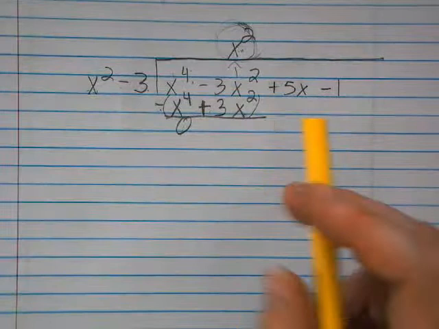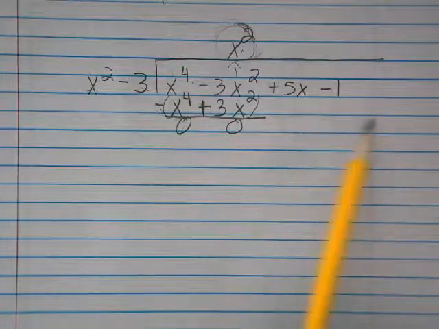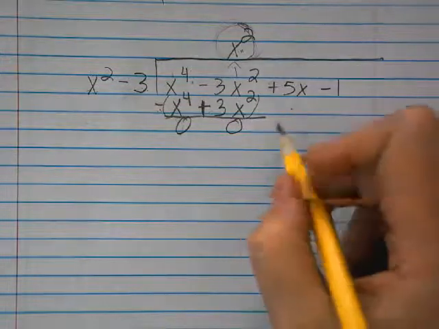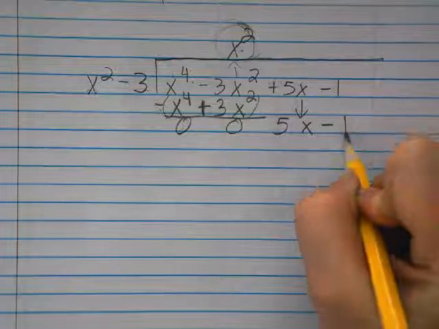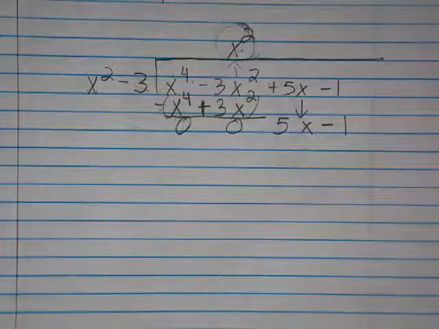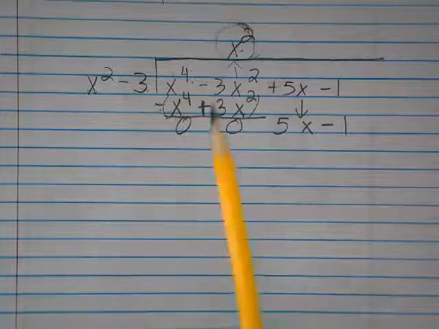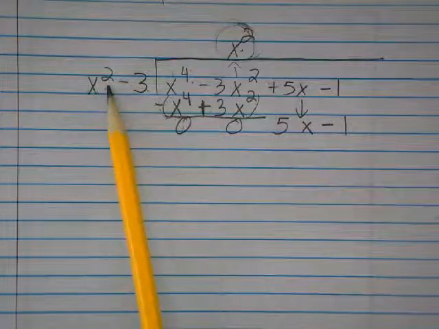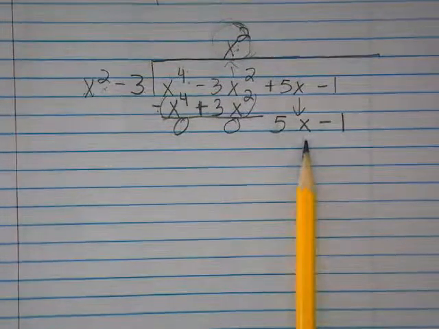So I have 0. Obviously, I need to bring down the next 2 terms to continue on. So I'm going to bring down 5x minus 1, right? And with x squared minus 3, I'm looking for what can I multiply x squared by to give me 5x. And if you've realized that it is nothing, you are correct.